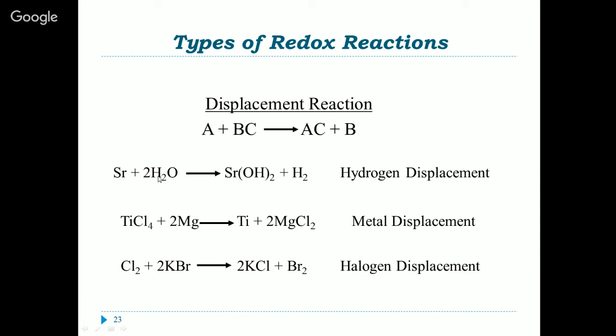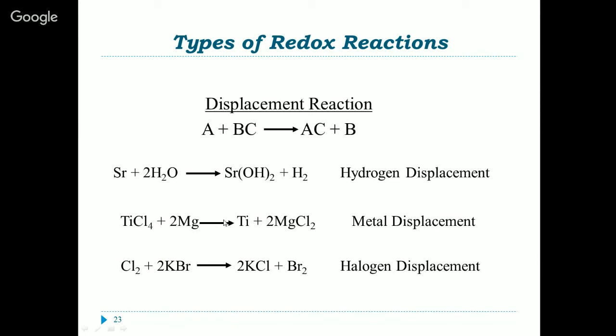So here I have a hydrogen with a +2 charge. Well, let me start again. Hydrogen has a +1 charge. There are 2 of them, so it's +2. Oxygen has a -2 charge. So the strontium replaced the hydrogen. Here, magnesium is a 0 charge because it's a standalone metal. Here I have titanium. It's a +4 charge. How do I know that? Because chlorine is -1 here. Magnesium replaced titanium.